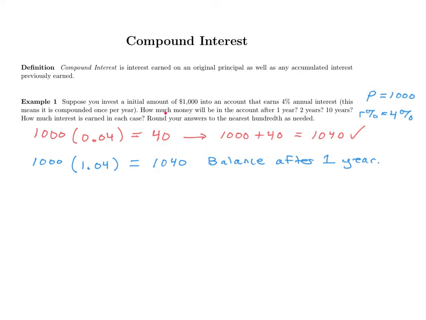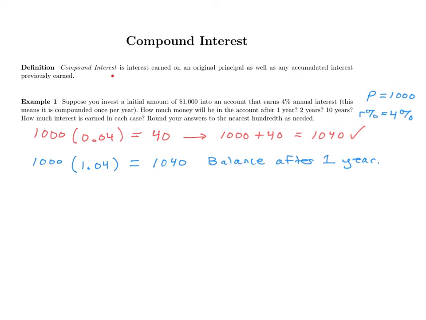Okay, no problem. How much money is going to be in the account after 2 years? What we're going to do is we're going to take this 4% annual interest, but we're not going to apply it to the original $1,000. Instead, we're going to apply it to the actual new balance of the account.